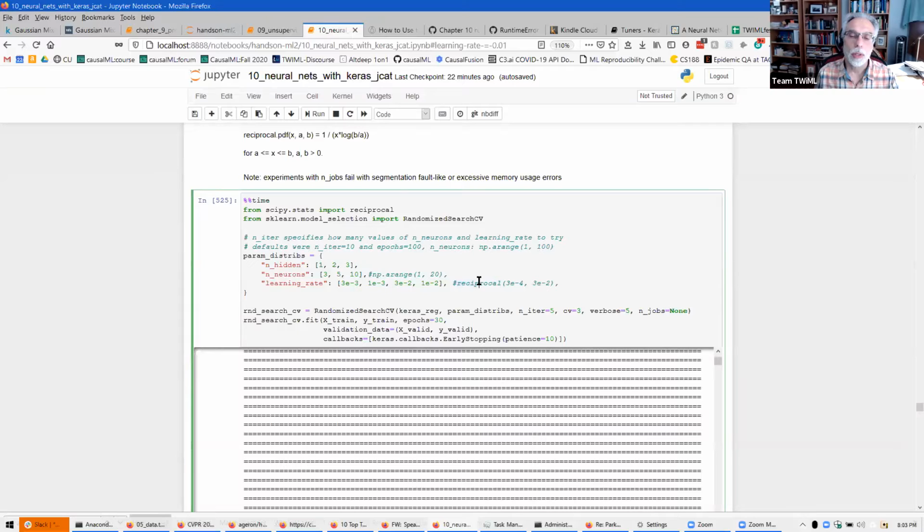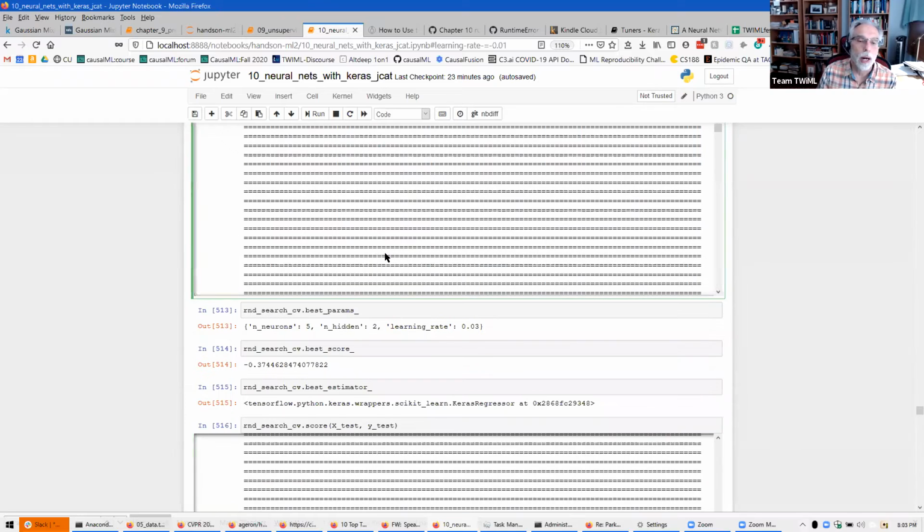That means small values have a higher probability than larger values. This feature allows you to optimize over a distribution of parameters if you have some idea of preference. Maybe somebody's practical experience tells them that smaller parameters are preferable, even though we just saw in the work above that 5 times 10 to the minus 2, the largest learning rate, was even better. But the point is that this didn't work as is.